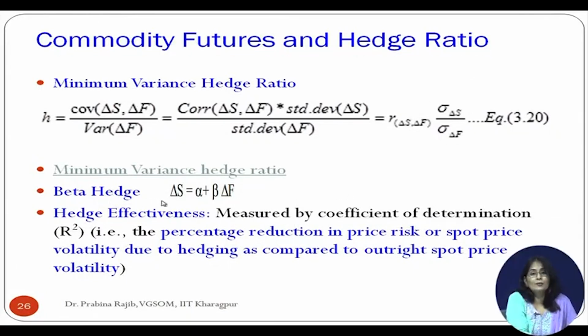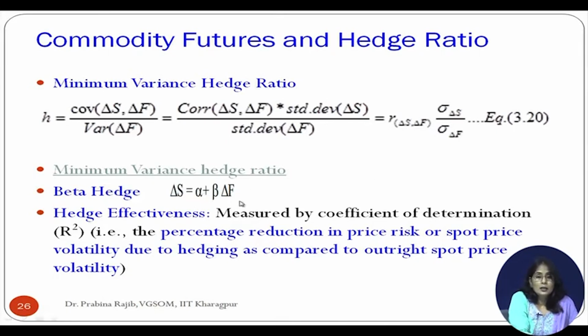As you can see from the screen, beta hedge. So what is beta hedge? In this particular regression, delta S, the change in the spot price, is taken as the dependent variable, and the change in the futures price is taken as the independent variable.